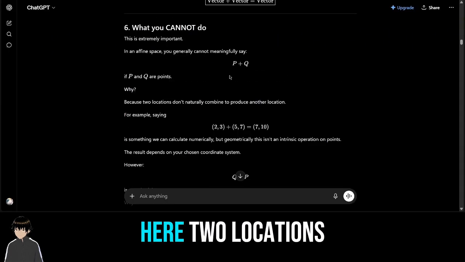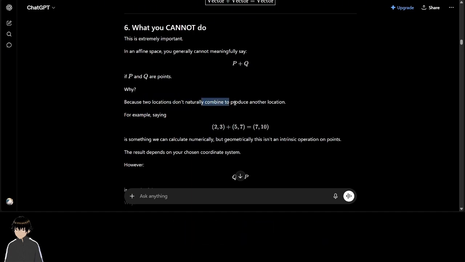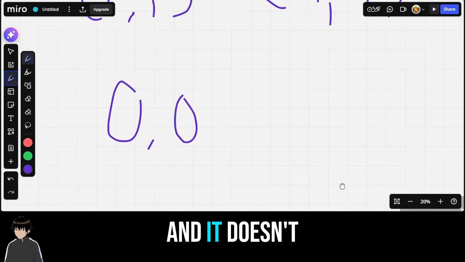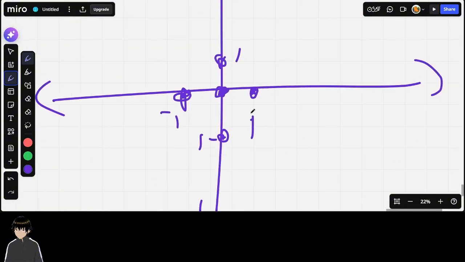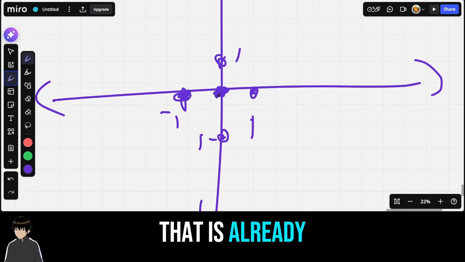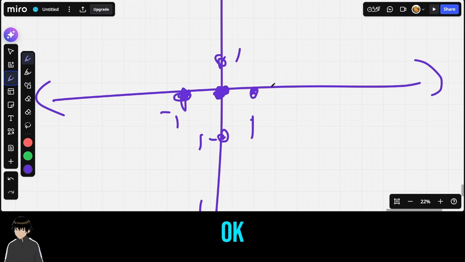And it says here, two locations don't naturally combine to produce another location. And it doesn't produce another location, right? It just goes to a location that is already there. If that makes any sense. Okay.